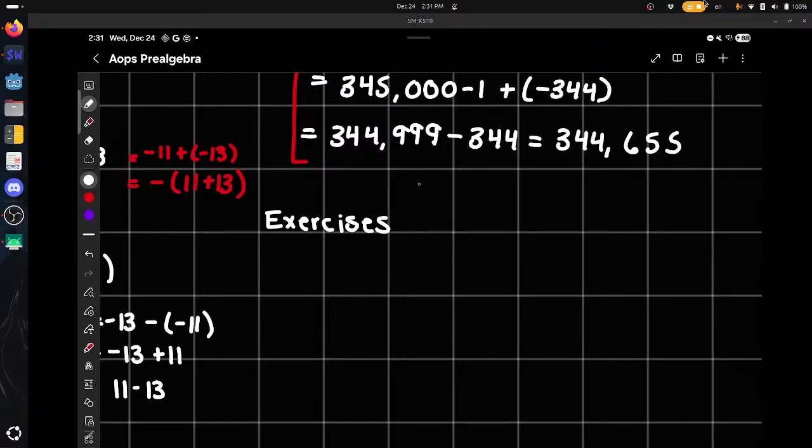Okay, so exercise 1. What is the value of 85 times (33 times 22), minus 33 times 85?